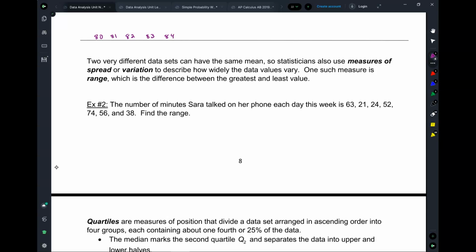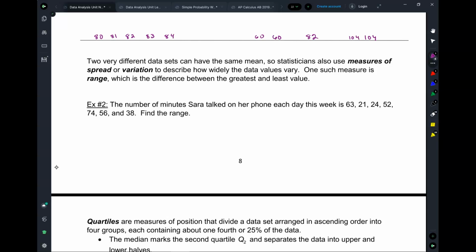But also, if 2 people got 60, and one person got 82, and 2 people got 104, do you see how very different those scores are, right? But they have the same mean.